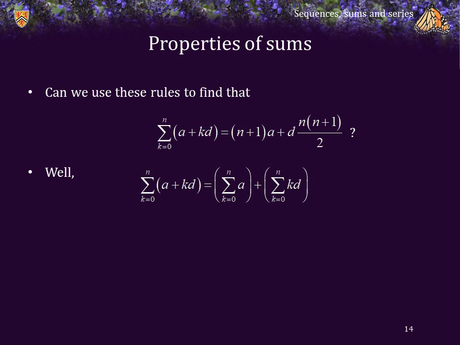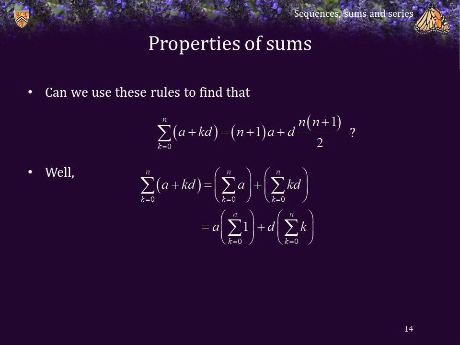So we have the sum of a, k going from 0 to n, plus the sum of k times d, k going from 0 to n as well. Now, in the first sum, we have a common factor of a, and in the second sum, we have a common factor of d. We don't have a common factor of k because k changes with every single term in the sum, but the d does not. So therefore, we can factor out an a from the first term and we can factor out a d from the second term.